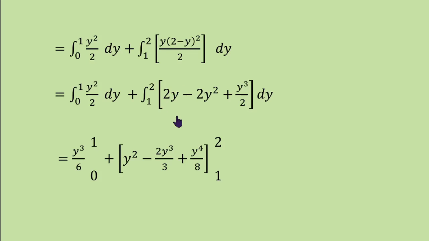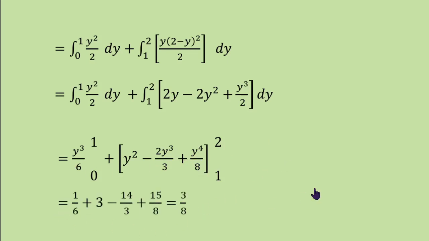For the second, 2y square by 2 cancels the 2, so it is y square, minus 2y cube by 3, plus y power 4 by 8, limit from 1 to 2. 1 power 3 is 1, lower limit is 0, so this is 1 by 6. 2 square minus 1 square is 4 minus 1, which is 3. 8 minus 1 is 7, so minus 14 by 3, plus 16 minus 1 is 15, 15 by 8.